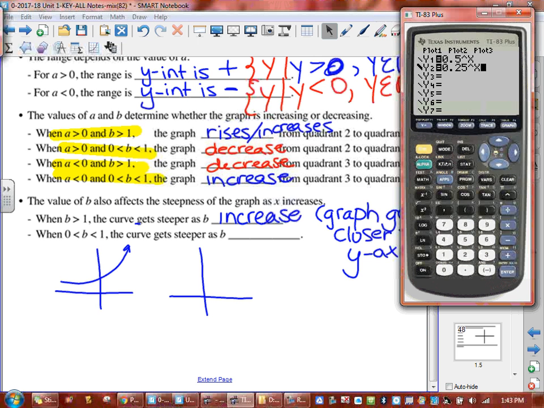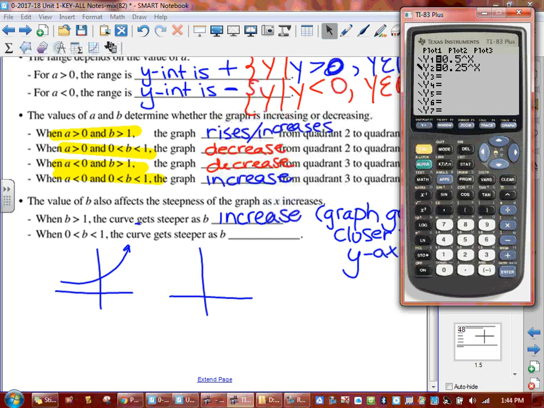Well, if we think who's closer. I've got 0.25 or 0.5. Which one is a bigger number? 0.5 is a bigger number. We know they both have a y-intercept of 1 because they don't have an a value. So they're crossing at 1 at the same place. So one of them is going to be closer to the y-axis.